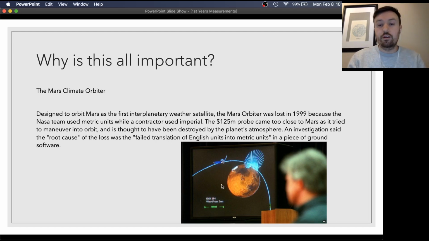And I found a cool little story here, something about a Mars orbiter, something that was going to go off to Mars, and you can read this in your own time. But basically, it was a satellite they were sending to Mars to measure its climate, and something went wrong. They used the wrong measurements, and they lost the probe, and it cost them, as you can see here, $125 million because they screwed up a simple measurement.